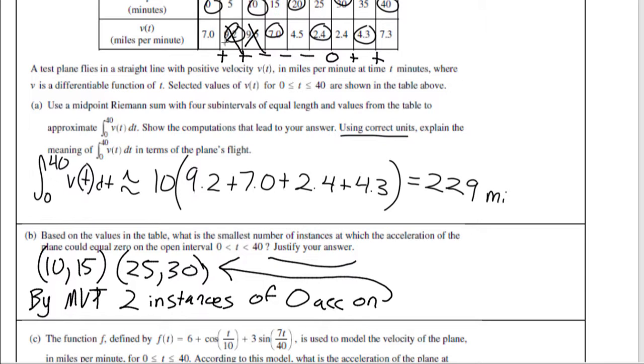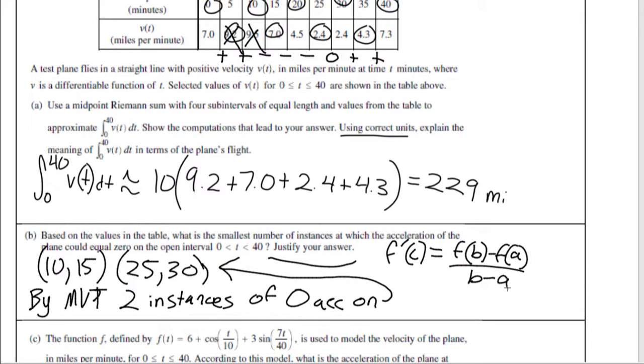Mean value theorem states that f prime of c is equal to f of b minus f of a all over b minus a. Now f of b and f of a, these velocities, have to be the same, because then f of b minus f of a is 0, which is the same thing as saying acceleration is 0.